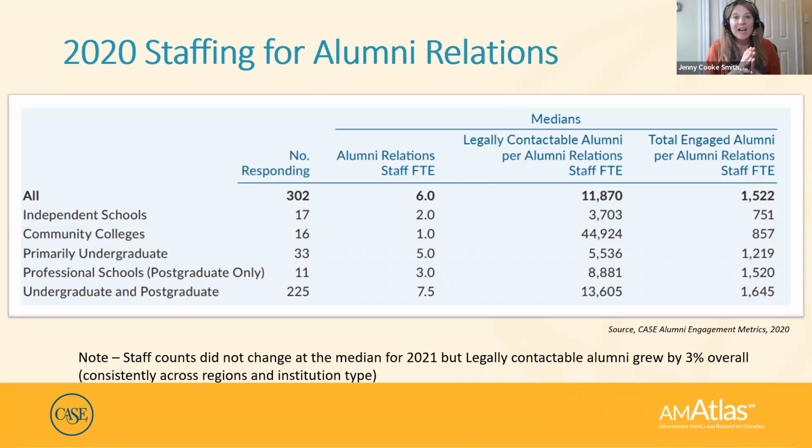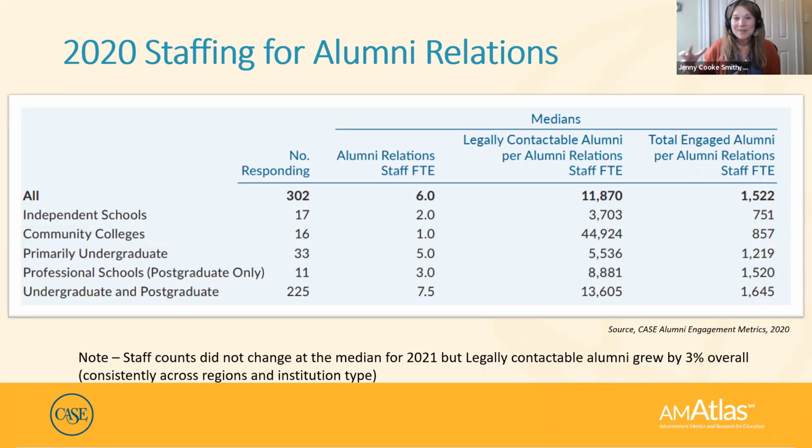I should say we have some really specific language around alumni relations staff and how to count a half person or a third person. But we're really trying to capture people whose duties are alumni relations, even if they're not part of your actual alumni association office. If you look at that third category, the legally contactable counts per staff are vastly different for different institution types.